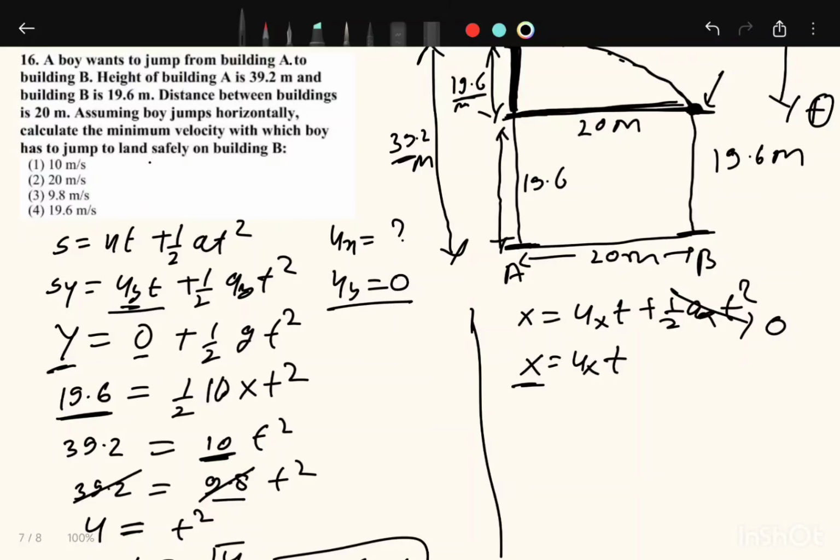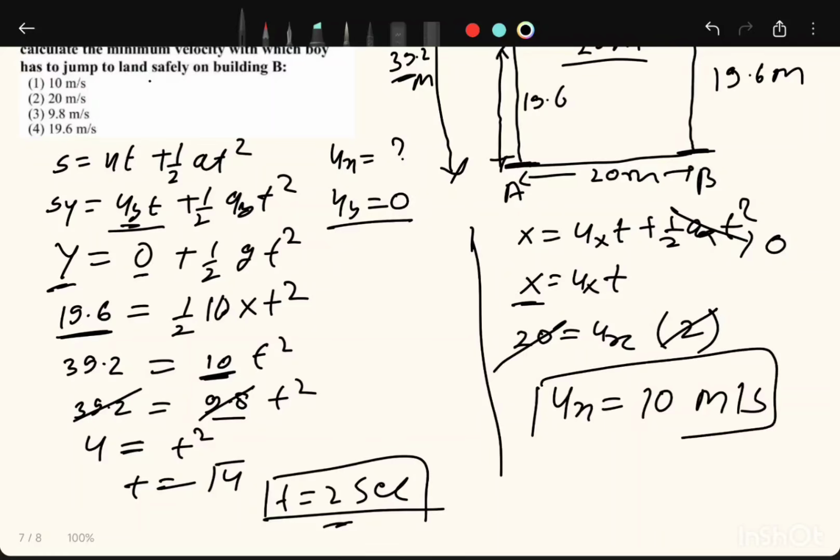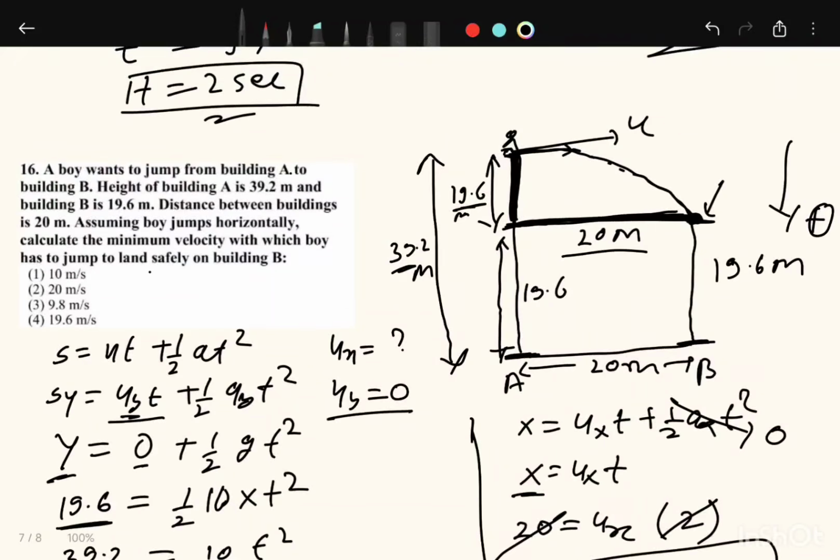Total horizontal displacement, that is 20 meter. We have to find ux, and t we have already figured out, that is 2 seconds. So ux will be 10 meter per second. So the boy has to jump with the horizontal velocity of 10 meters per second to reach this point safely. So option A is correct, right?